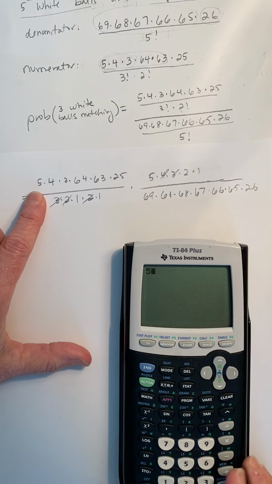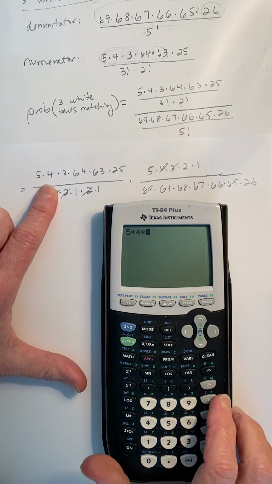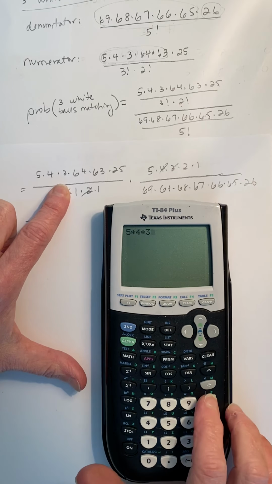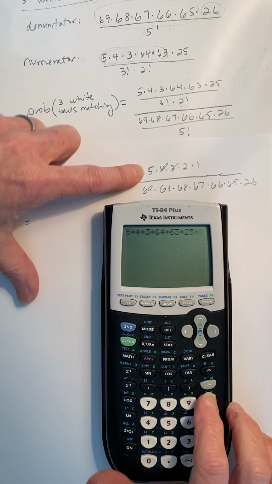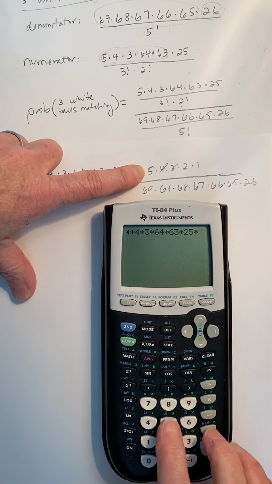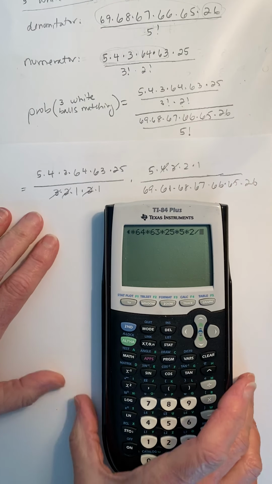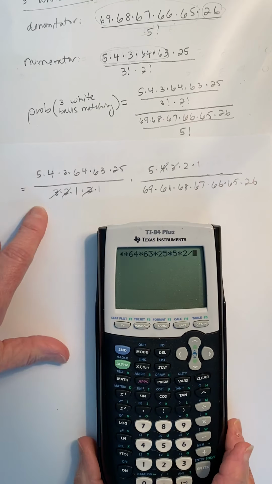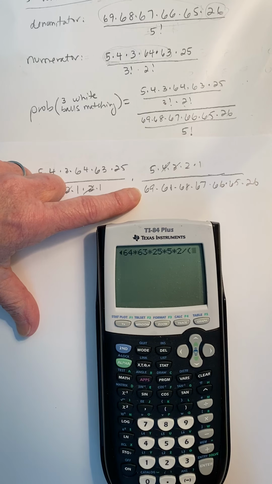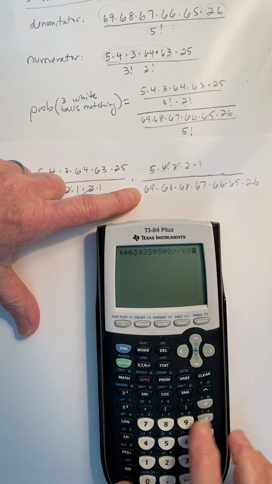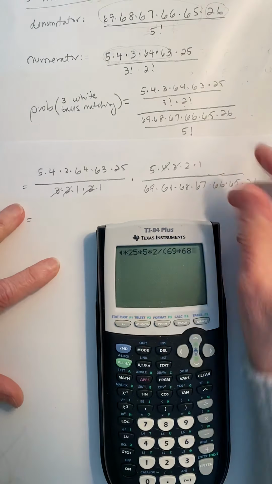It's 5 times 4 times 3 times 64 times 63 times 25 times 5 times 2. That's what's left here, right? Divided by, there's nothing here, that's just 1. I'm going to need parentheses, because if you don't put parentheses for a denominator, you're going to only divide by the first number. 69 times 68, whoops, I think I made a mistake here.